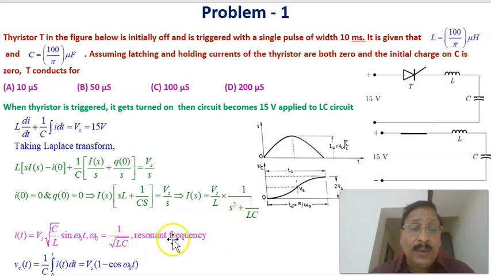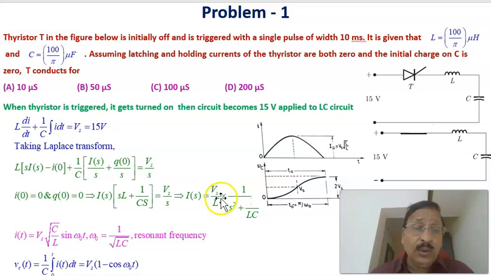I can write this part as s squared plus omega naught squared. Now I multiply the numerator and denominator by omega naught, where omega naught equals 1 by root of LC. Therefore we get omega naught divided by s squared plus omega naught squared. Of course, here Vs by L into omega naught, because I multiplied the numerator, so I also have to multiply the denominator. The inverse Laplace transform of omega naught divided by s squared plus omega naught squared is sine omega naught t.